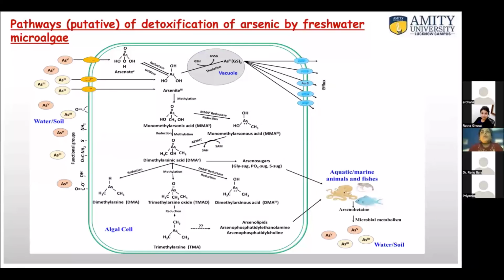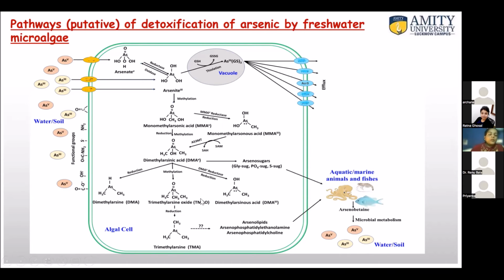So now we have to work more, but before that, we speculated the pathway from the genes we have identified and the data already reported in different publications. We gathered all the data along with our data, and speculated a pathway of arsenic detoxification in microalgae.